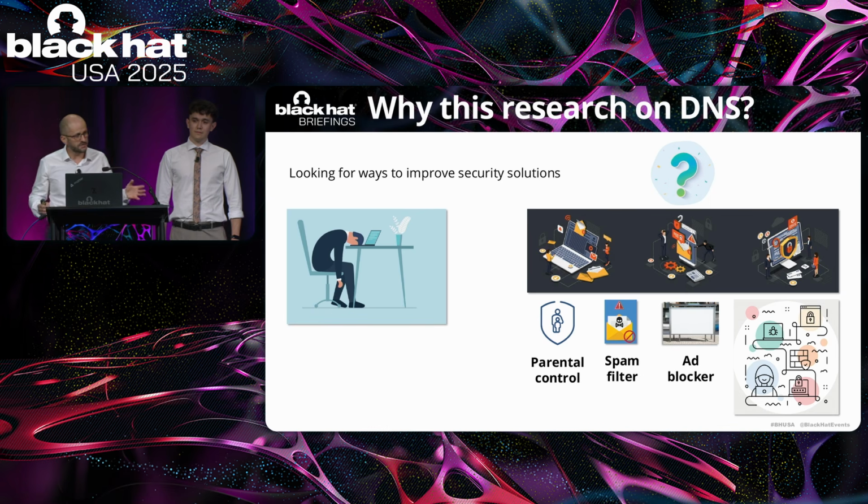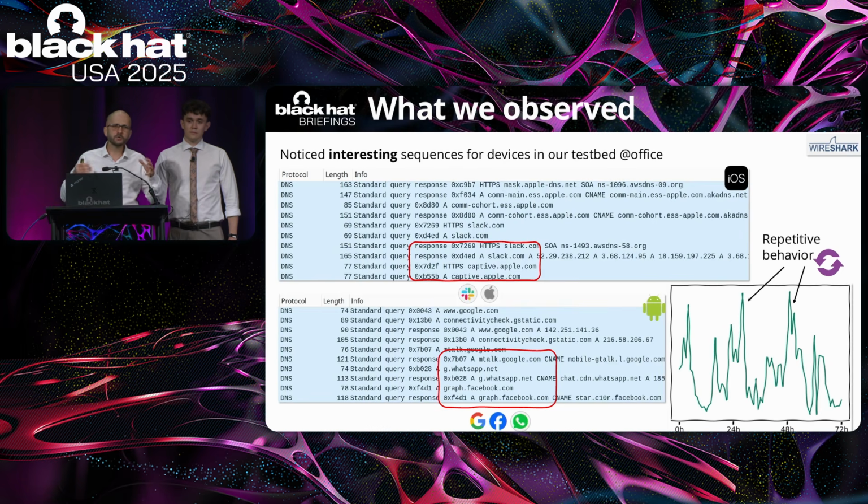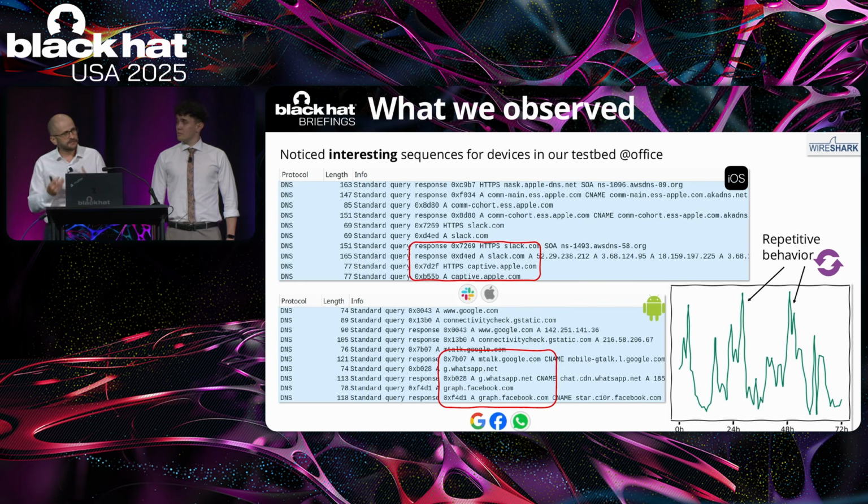Now, why yet another research on DNS? This was not on purpose, so we're not really looking for ways to track users. No, we are actually looking for ways to improve our security solutions. So we're looking at different approaches for improving parental control, spam filtering, the basic security technologies. And at one point, we started to look at network traffic that was being generated by devices, and we started to see the same DNS requests being issued by devices.